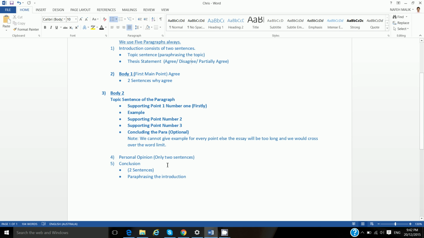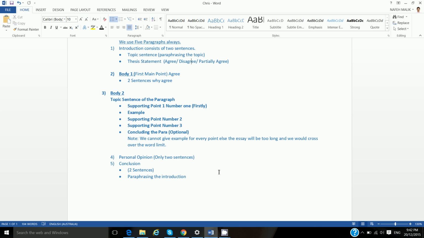And lastly is the conclusion. The conclusion is again maximum 2 sentences. The first sentence is a paraphrase of the introduction. The second sentence is a summary: you summarize supporting point one in one word, supporting point two in one word, supporting point three in one word, and you put these 3 words into one sentence.